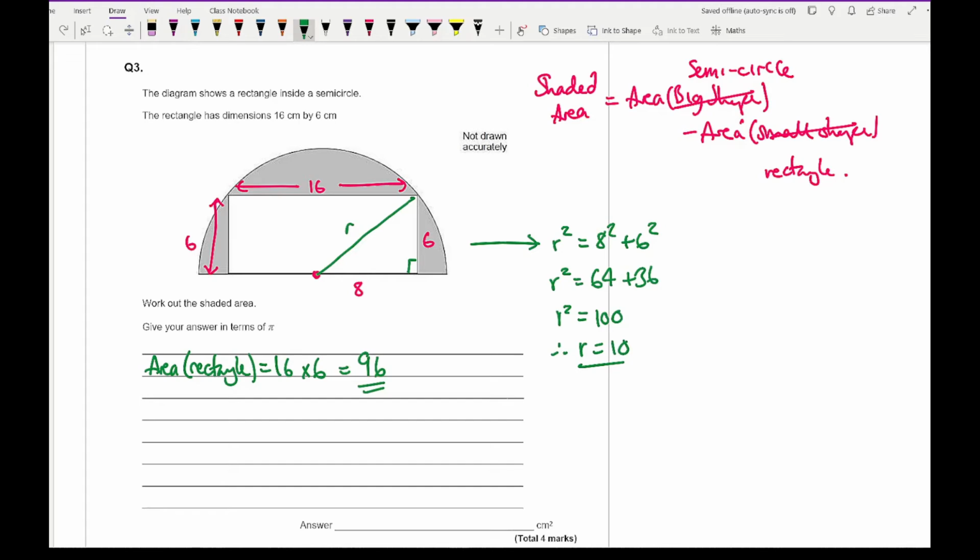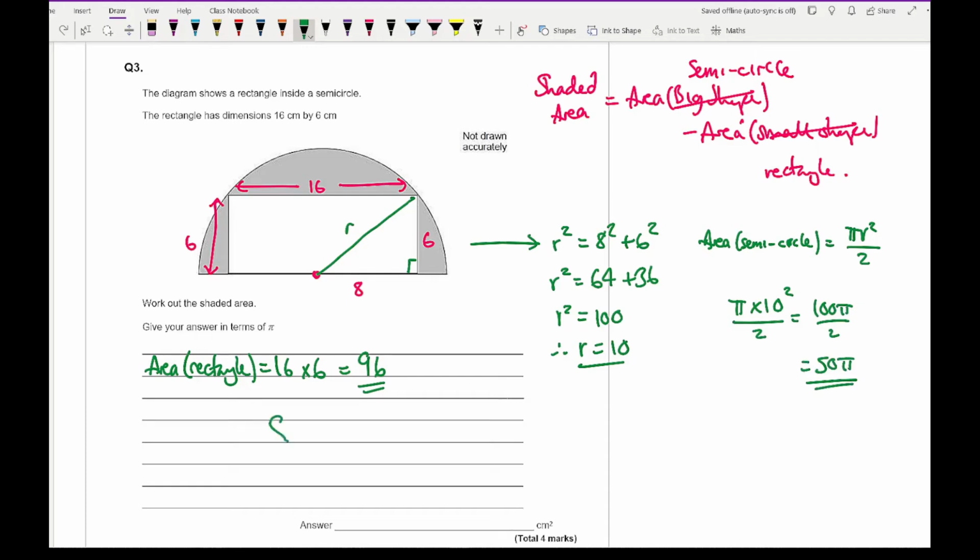So then using this, the area of the semicircle is going to be pi r squared divided by 2. So substituting those numbers in, I get pi times 10 squared divided by 2, which is 100 pi over 2, which equals 50 pi.